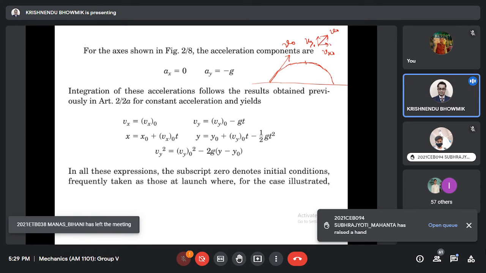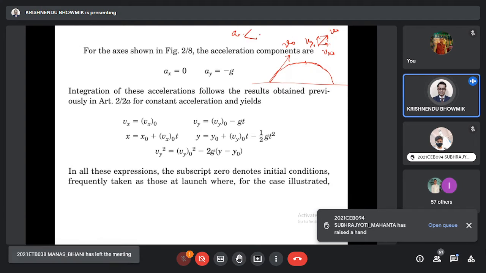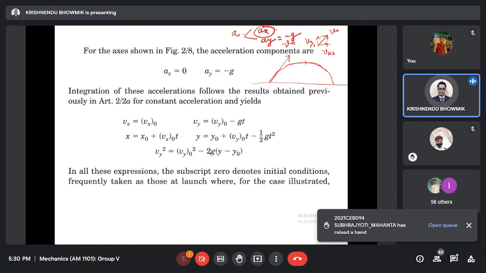Here there are basically two things acting. The acceleration has two components, ax and ay. ay is nothing but the acceleration due to gravity. ax equals 0, provided we are not considering any disturbance due to drag force or aerodynamics.